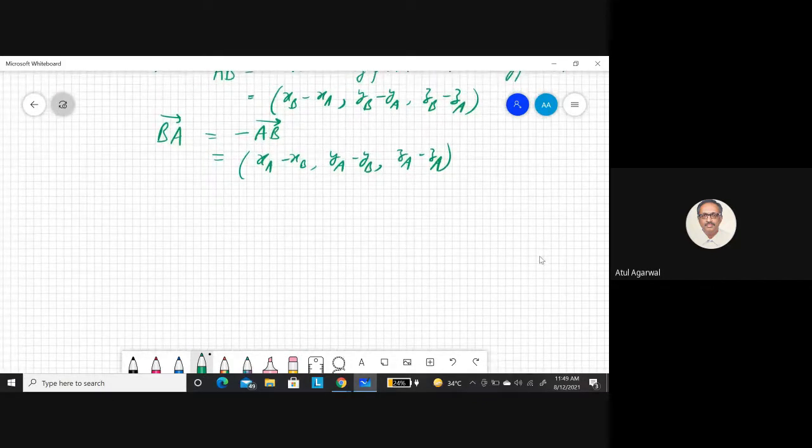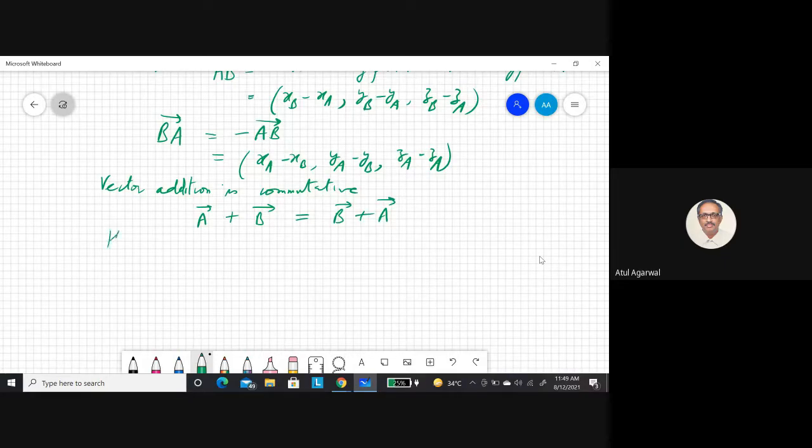So vectors have properties. One is vector addition is commutative. If you represent vector A plus vector B, this sum is equal to vector B plus vector A.